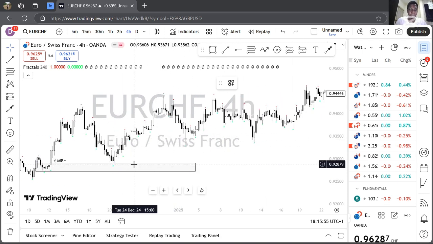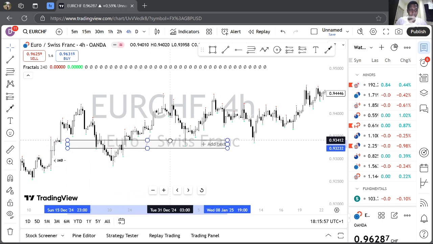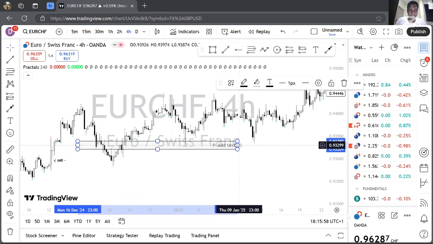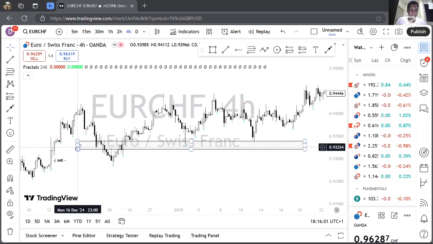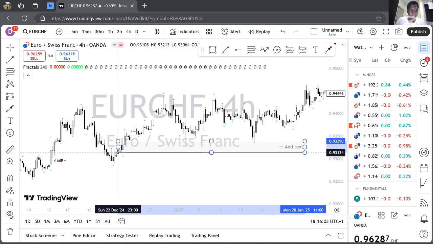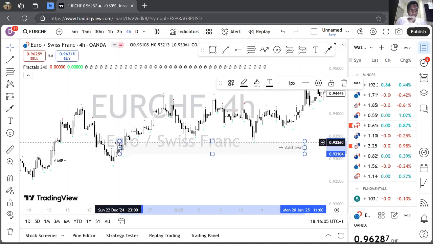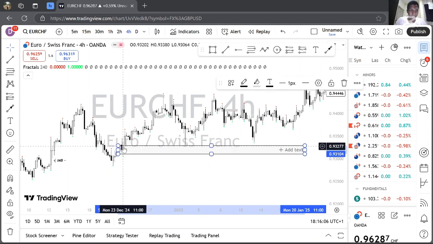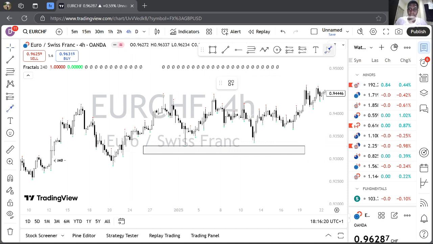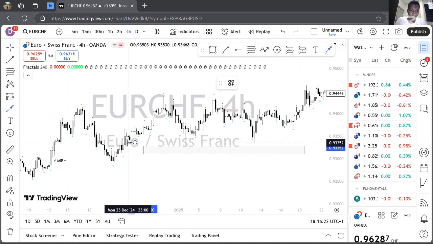This thing repeats itself all over the market. We can see another example here. This is another demand zone, and you can see that there's space between this candle and this upper candle here. So this creates an imbalance.